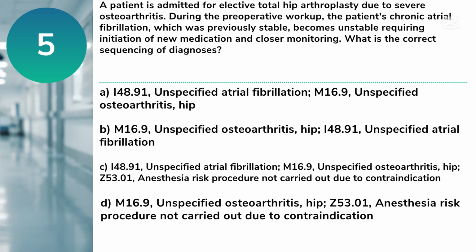C. I48.91, unspecified atrial fibrillation, M16.9, unspecified osteoarthritis, hip, Z53.01, anesthesia risk procedure not carried out due to contraindication. D. M16.9, unspecified osteoarthritis, hip, Z53.01, anesthesia risk procedure not carried out due to contraindication.